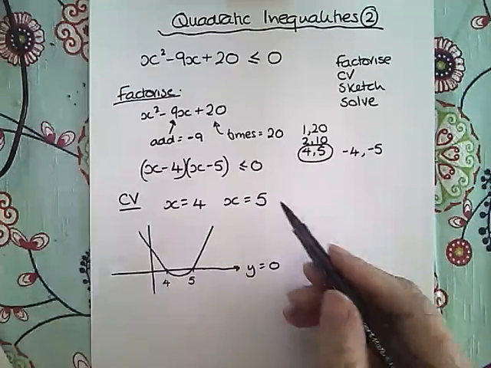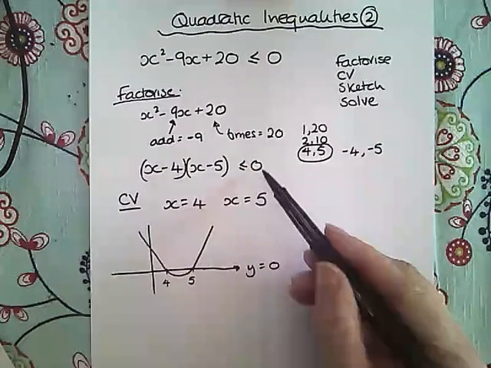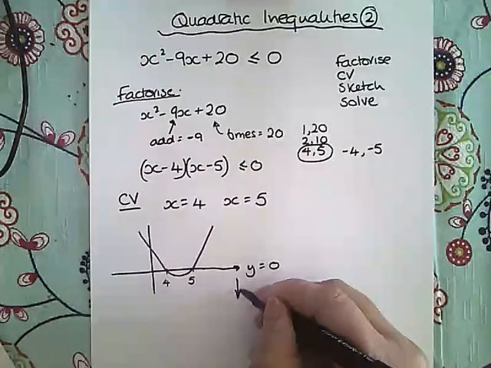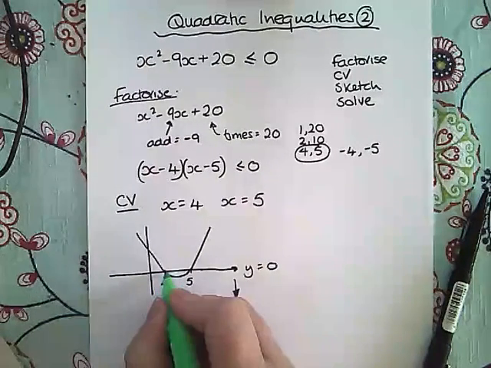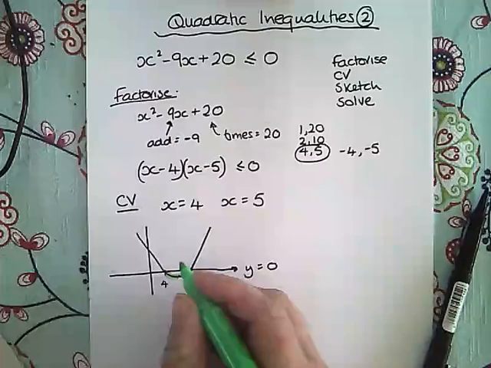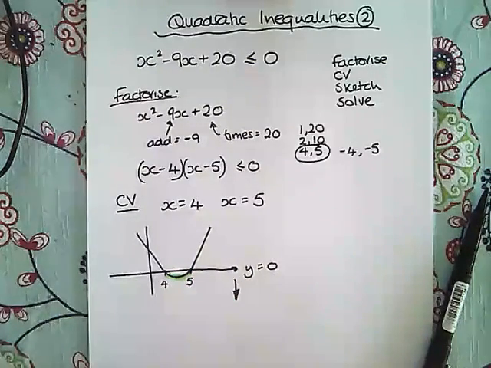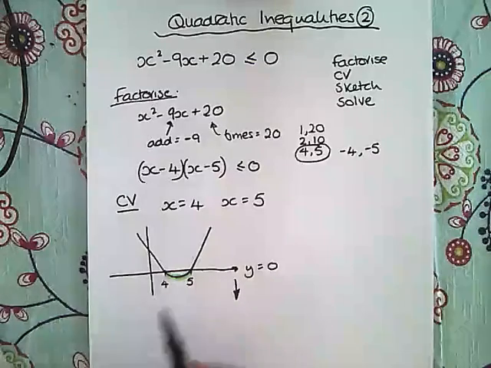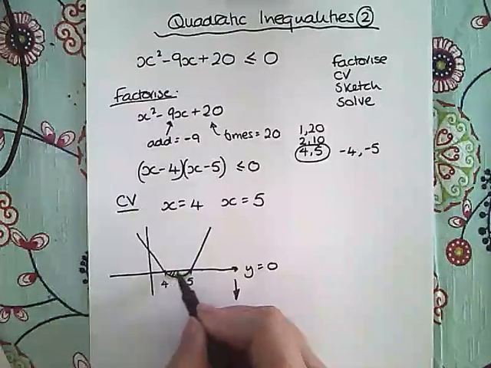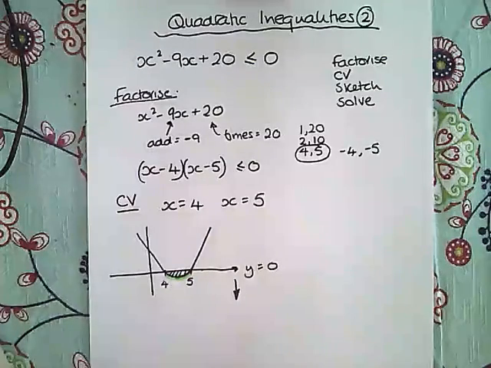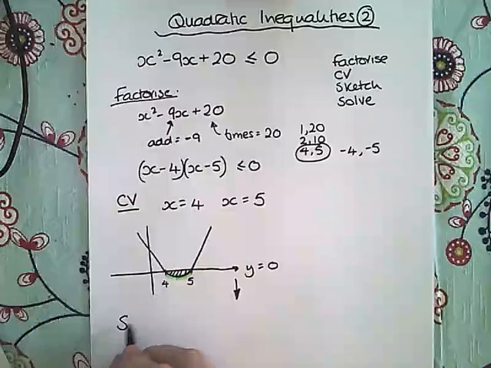We are trying to look for where the function is less than or equal to 0. So in this particular region, and it is the values along here. It's this part of the curve that we need to highlight. And then we need to identify all of the x values in here which make the function less than or equal to 0.